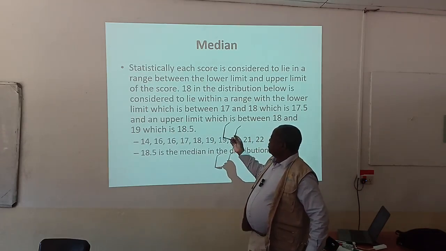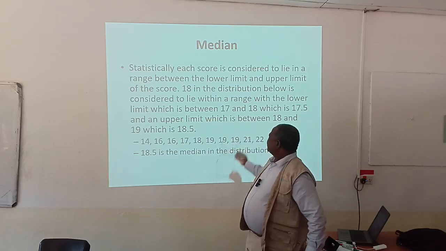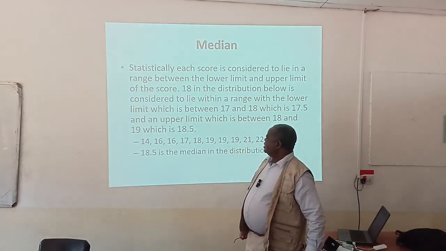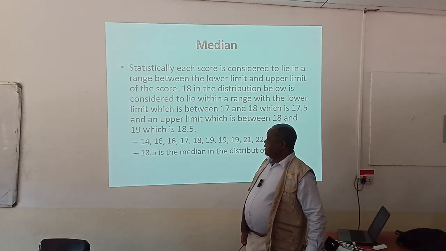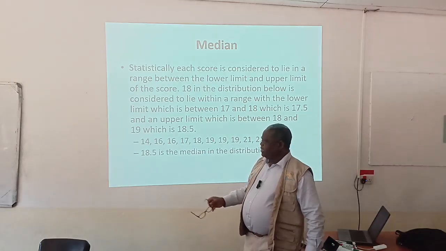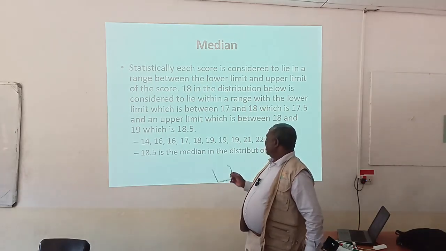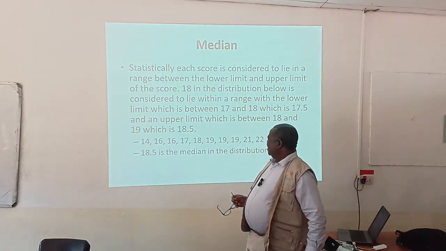And for purposes of computing medians, each score is considered to be falling within a range from midway, from that point to the lower point, and midway from that point to the higher point.